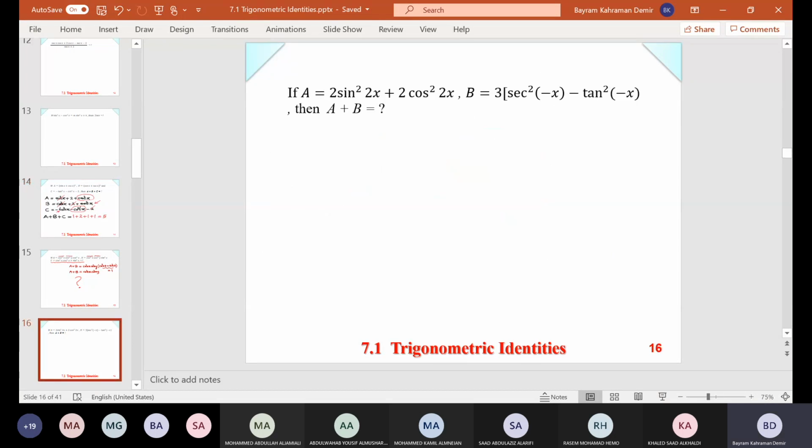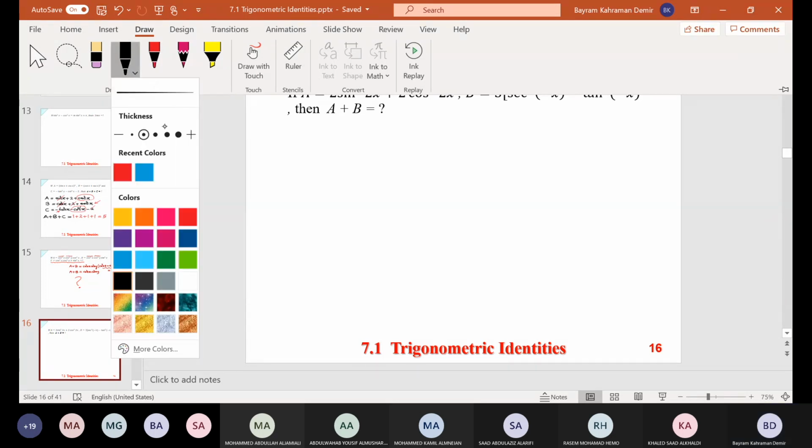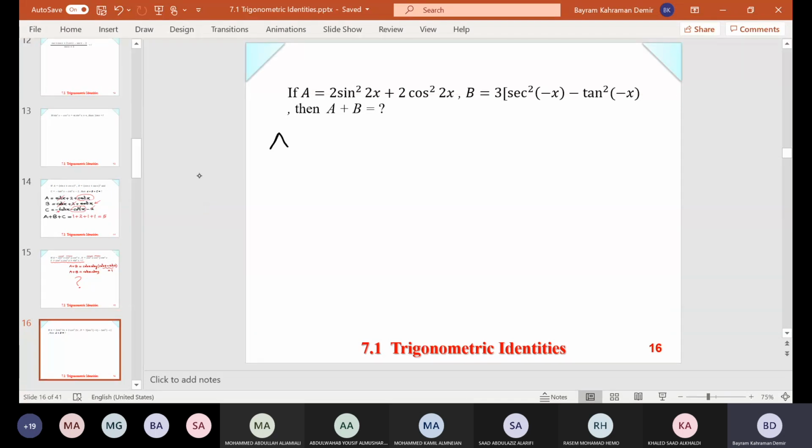Okay, let's look at this one. We have 2 sine square of 2x plus 2 cosine square of 2x. Let's see what is a. 2 is the common factor, as you see.